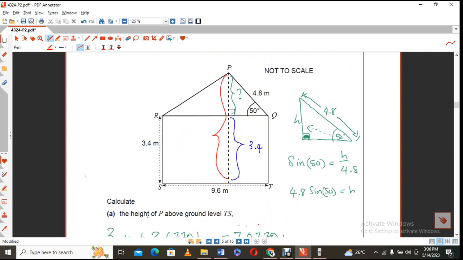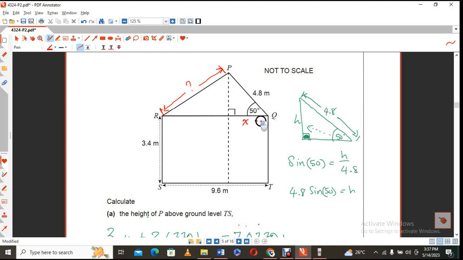If you look at the distance that we are supposed to look for, that is the distance from here, this is the required length that the question is asking us. We know what this is, but I'm not going to use it.